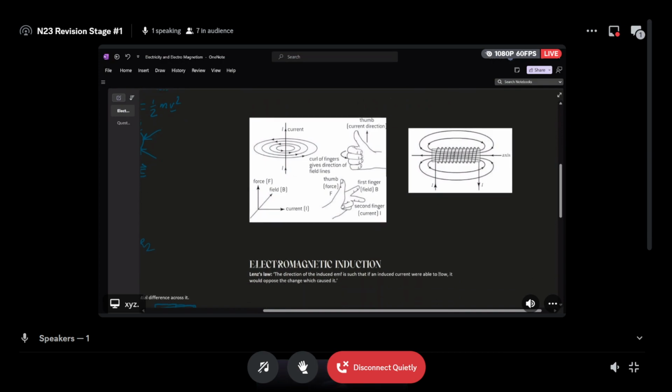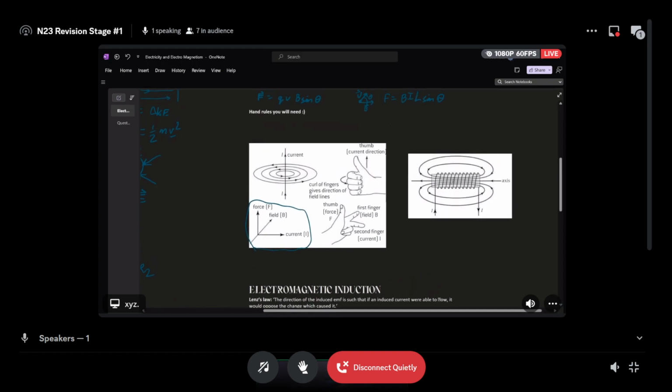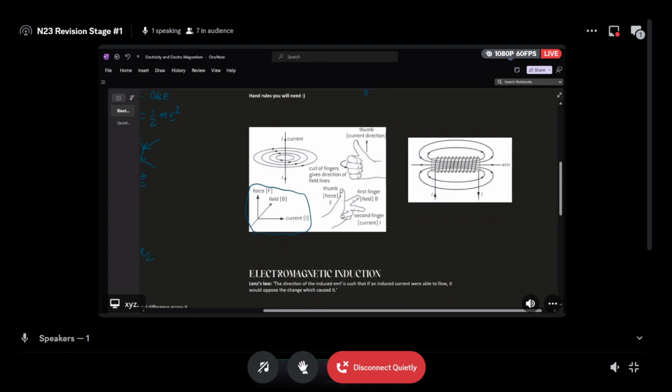And then you have this cross product thing I was talking about, where current is equal to QV.